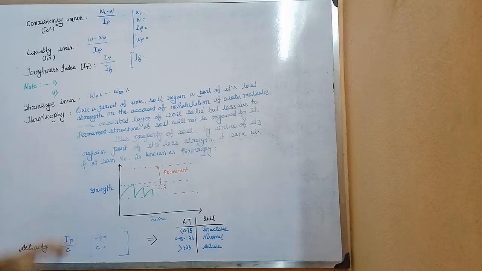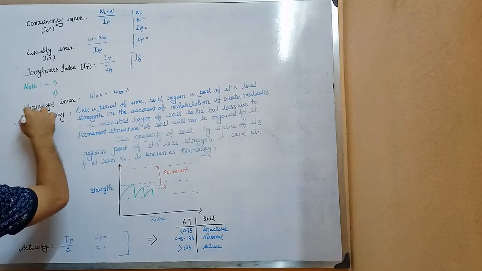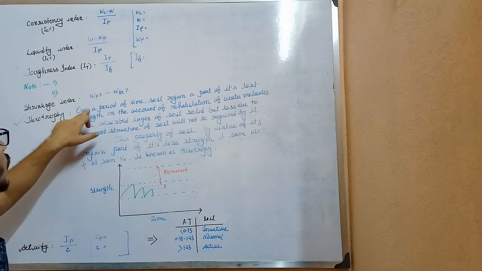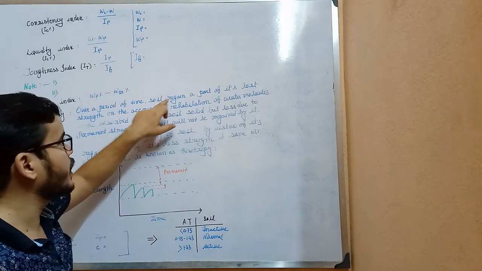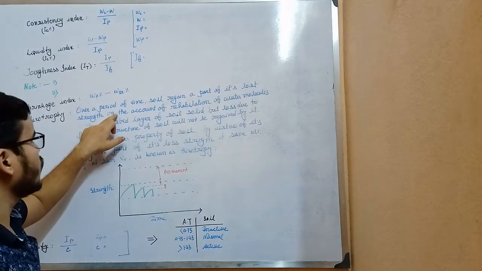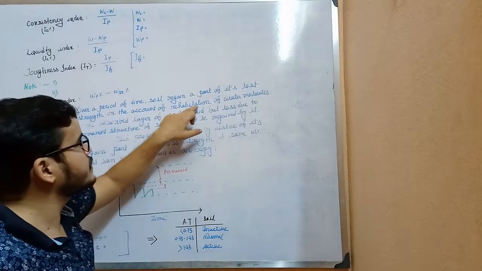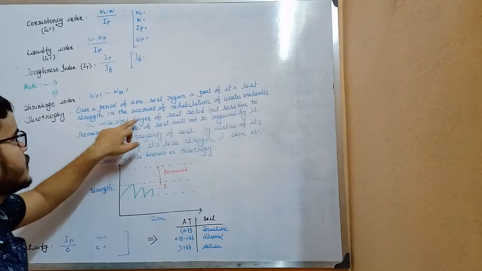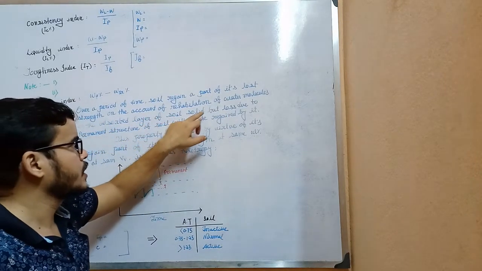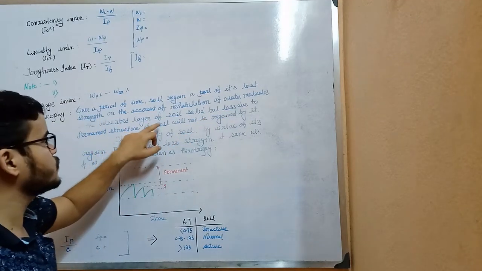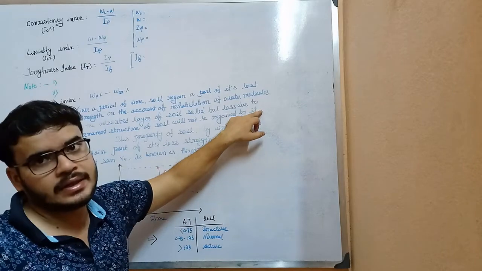Now the next term is thixotropy. It is very important. First, go through the definition part. Over a period of time, soil regains a part of its lost strength on account of rehydration of water molecules in the adsorbed layer of soil solids, but loss due to permanent structure change of soil will not be regained by it.